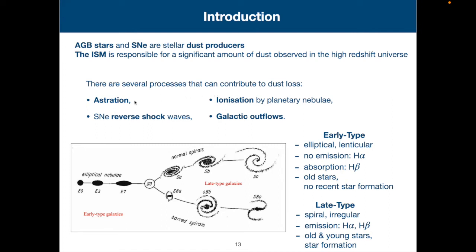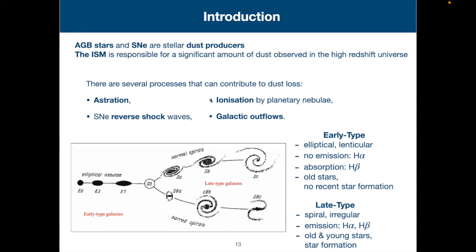For example, astration, which is incorporation in newly formed stars, occurs regardless of the source of dust. The second, supernovae reverse shock waves, which I already mentioned here. So supernovae are able to destroy a lot of their dust by reverse shock waves.